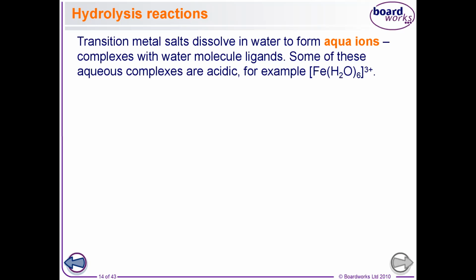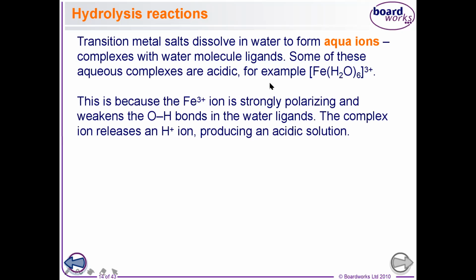Okay, so to form aqua ions, complexes with water molecule ligands, some of these aqueous complexes are acidic. Now, for example, the ferric aqua ions, or ferric aqua complex, this one.